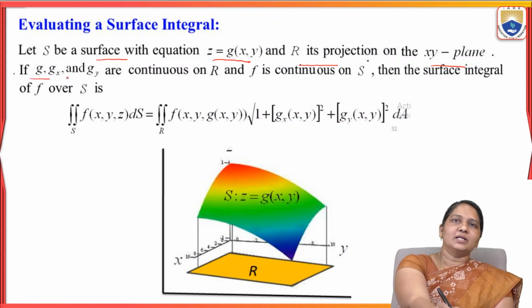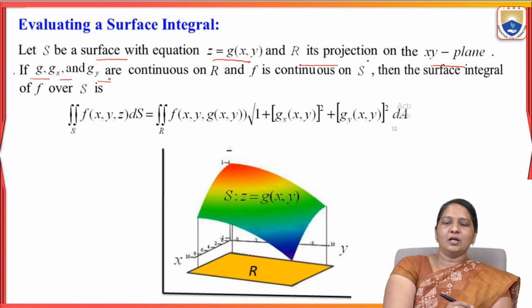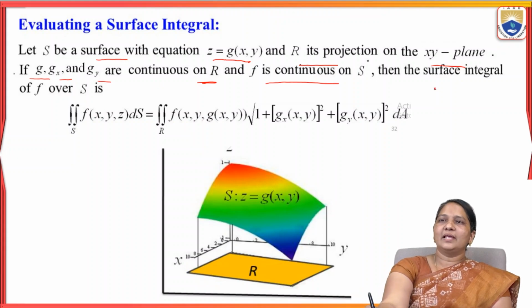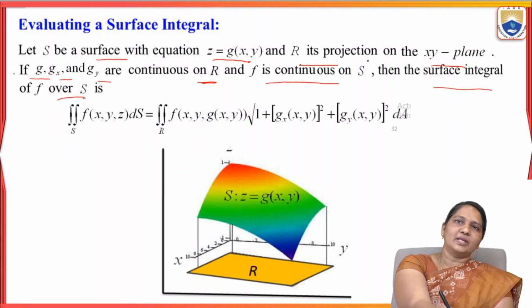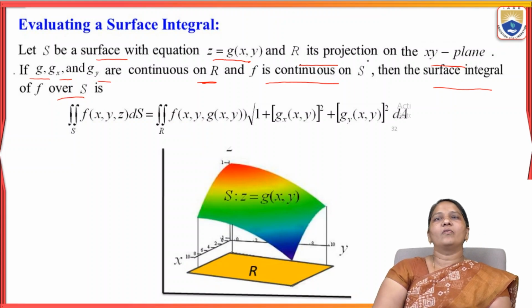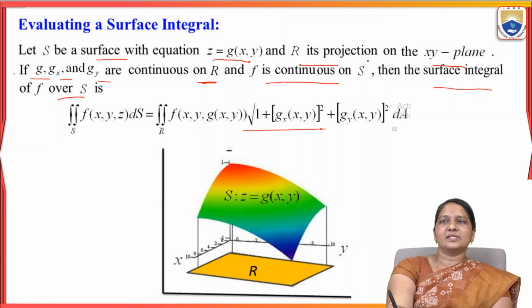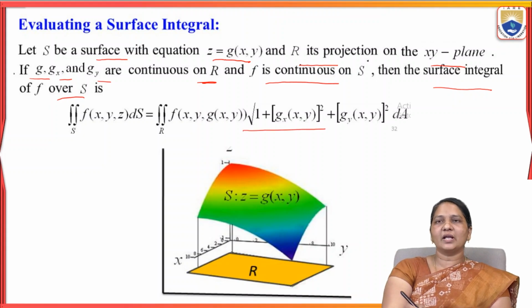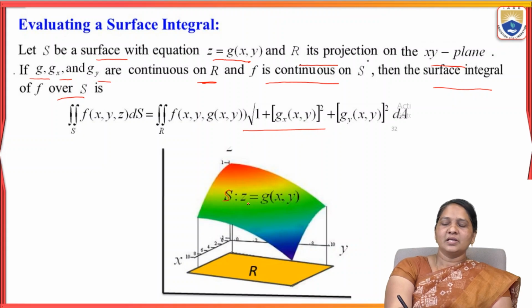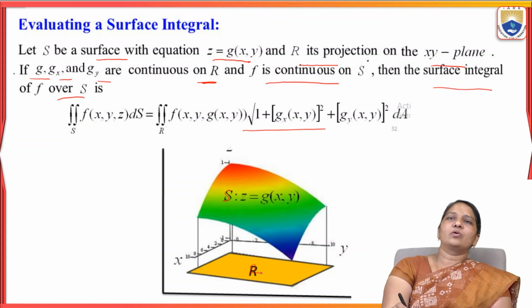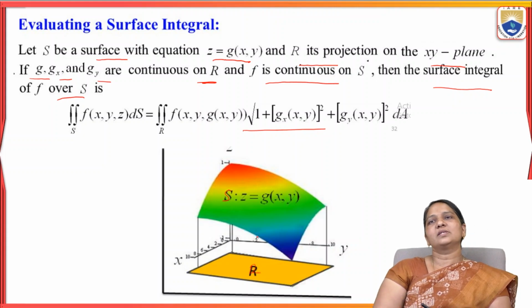If g, gx and gy are continuous on R and f is continuous on S, then the surface integral of f over S is the double integral over S of f of x, y, z dS, equal to this formula. In the figure, S is z equal to g of x comma y, and this is the region R over which we evaluate.